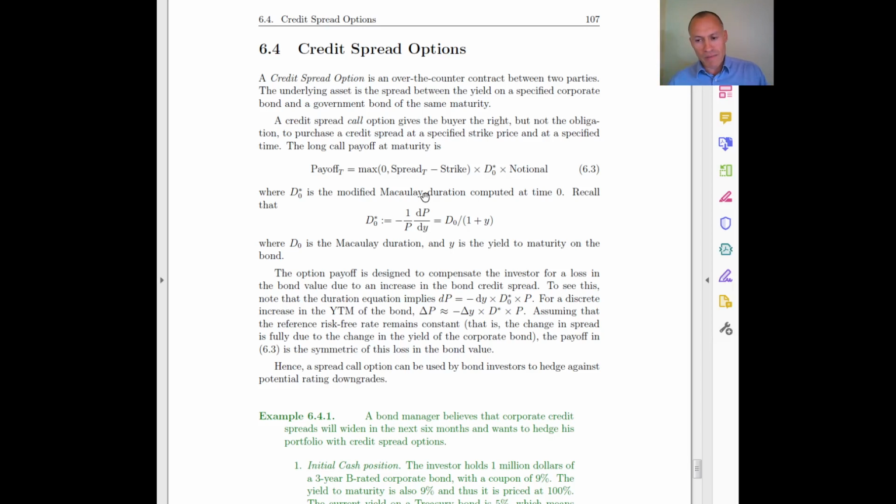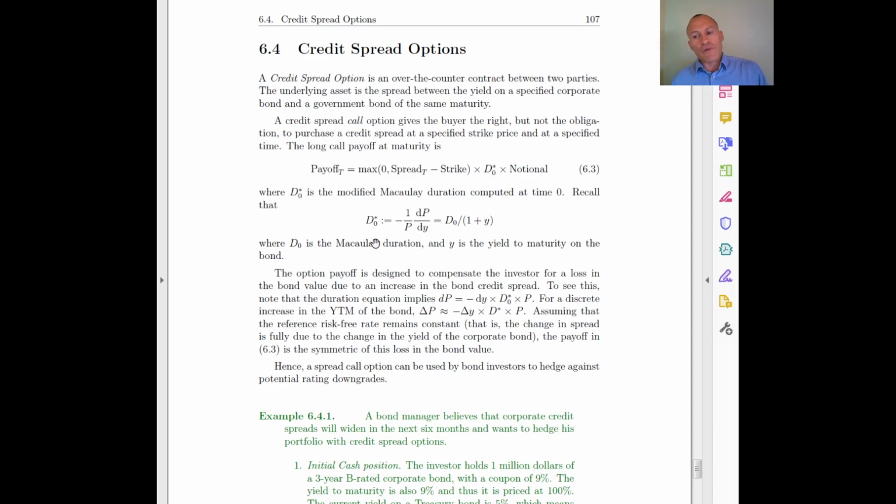So it's the same idea of duration, the difference being that the rate that we use to discount is the yield to maturity on the bond itself. Okay, so it's similar to the expression we used for duration in the fixed income course, but instead of using a zero coupon rate, we are using the yield on the bond directly. Okay, so we usually call this D0 the Macaulay duration, and then we divide this by 1 over the yield and call that the modified duration.